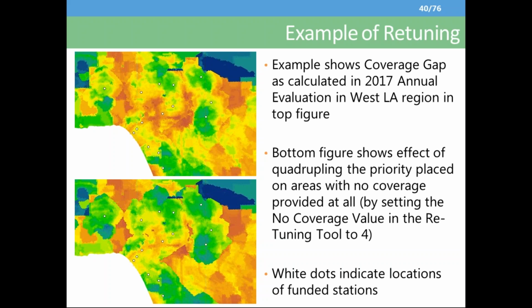And if we rerun this tool and say that we want to quadruple the desirability of a station outside of any coverage compared to what we did in the top one, we come out with this figure in the bottom. And you can see that around the stations, the white dots, all of the colors have come down to the cooler colors. The bright reds have come down to oranges and yellows. Even the oranges and yellows came down to the greens, and the greens came down to the blues.